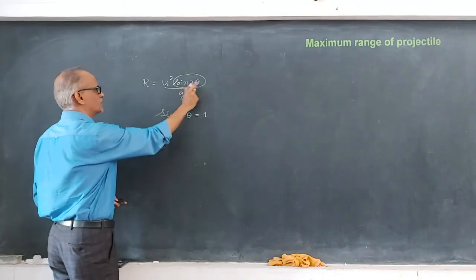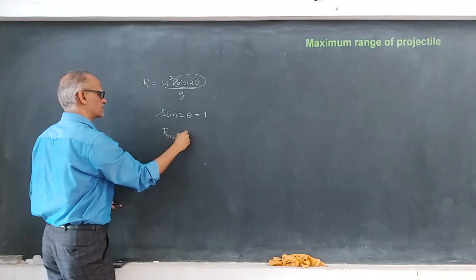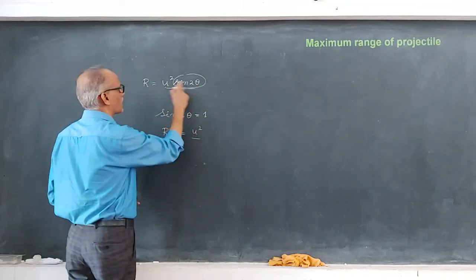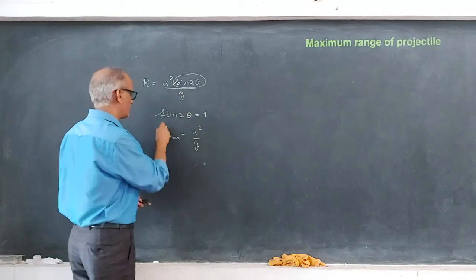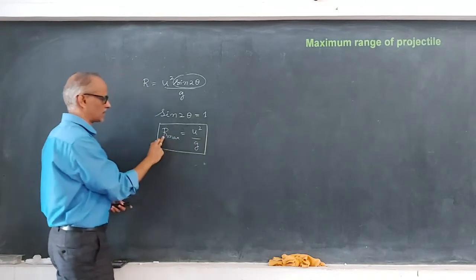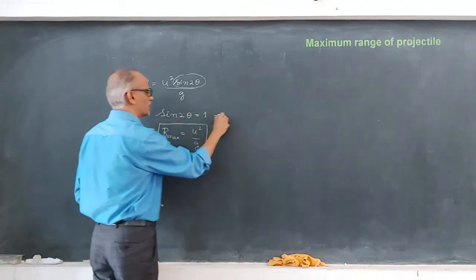So, when sin 2 theta is 1, the range is maximum, r max, which is given by u square by g. So, this is the formula for maximum range: r max is equal to u square by g, that is when sin 2 theta is equal to 1.